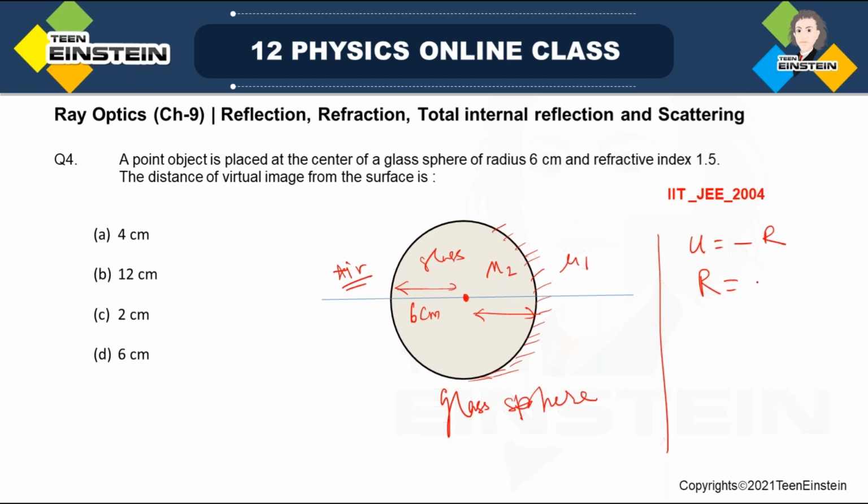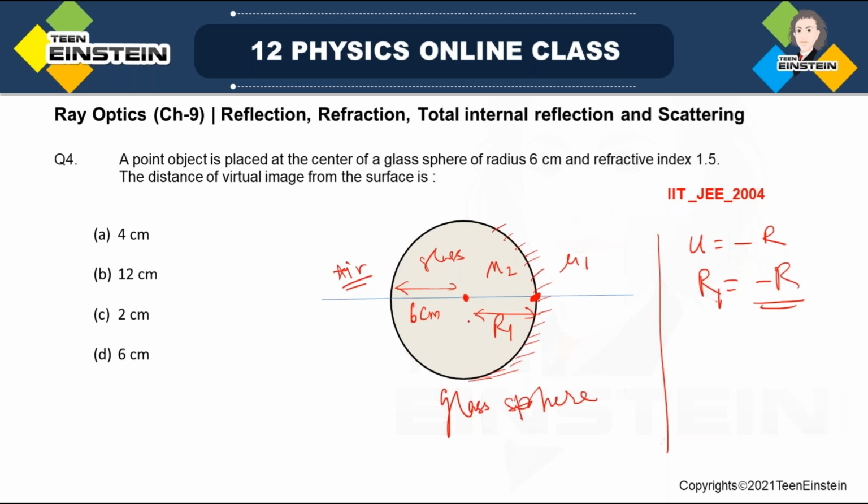This radius of curvature is also here minus R. You might be thinking why. If I say this is R1, this R1 is related to this. So from here, I'm just thinking that my point object is here, so R1 is fine.